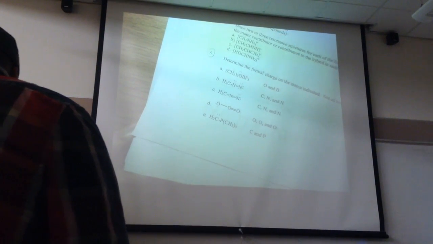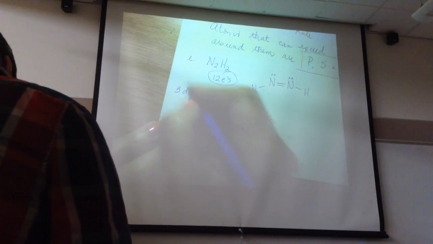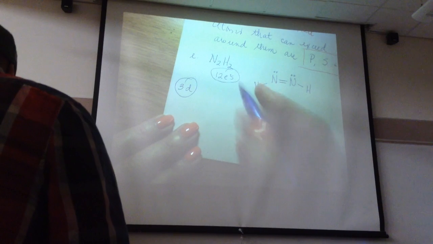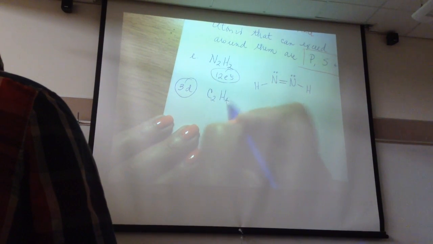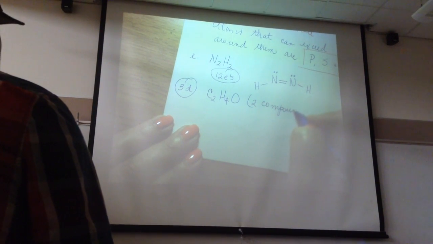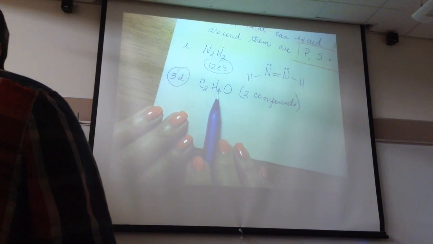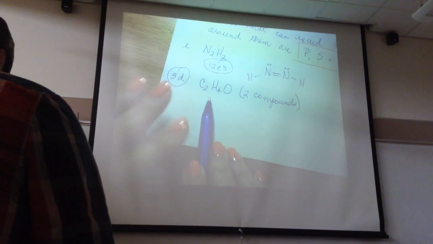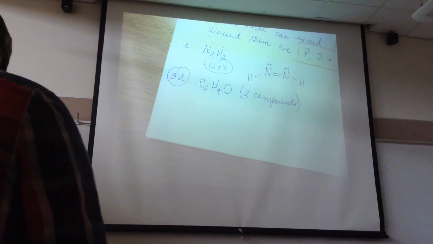So the next one to do was 3D. And in 3D, on the discussion one, the molecule is C2H4O. And they want you to do 2 compounds. Already you see that there are 2 less hydrogens than the typical 2 carbons.